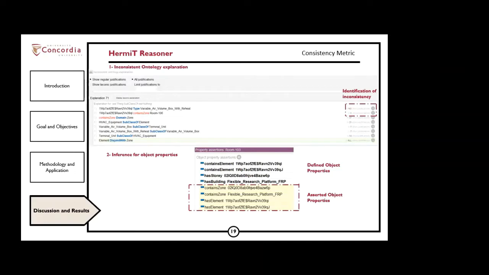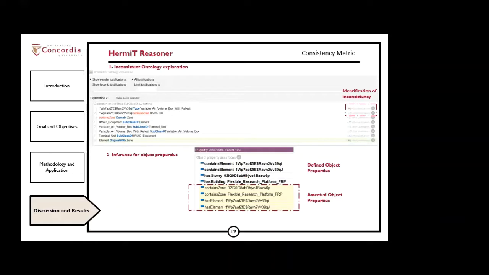Further, for the second metric, testing for consistency, the HermiT reasoner is used, where it looks at 2 types of information. One is inconsistency, if it exists within the ontology, and the other is inferences based on object properties and even classes. If an ontology has an error in it, it would show in red color that there is an issue with the concept and that no inferences are associated with that specific class, and you can rectify it.